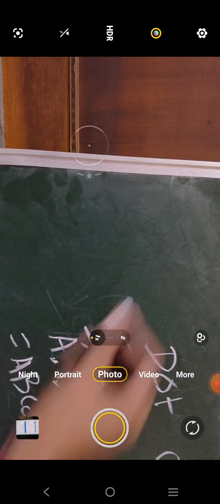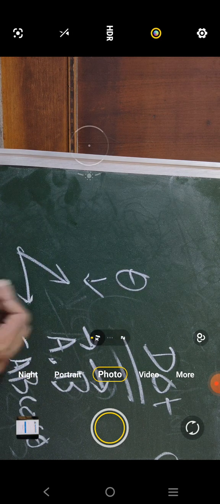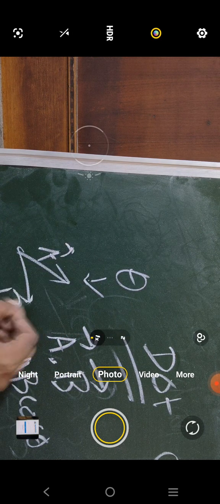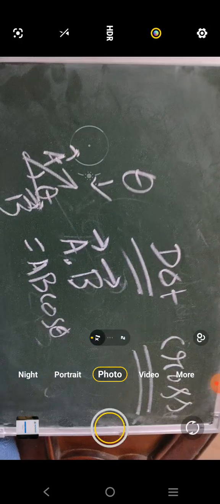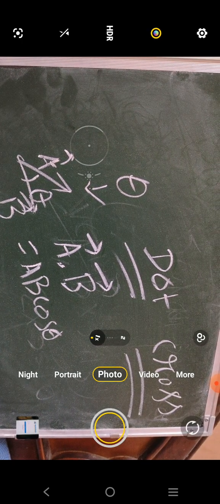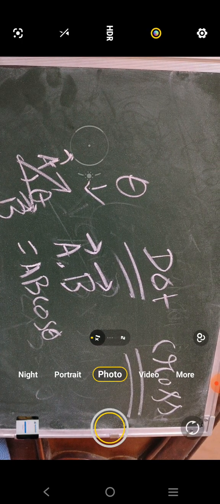Theta is nothing but the angle between A and B. So this is the dot product, A B cos theta. This dot product of vectors is known as the scalar product.